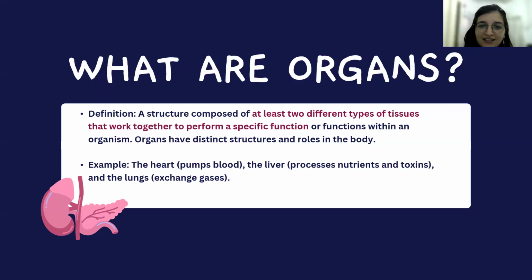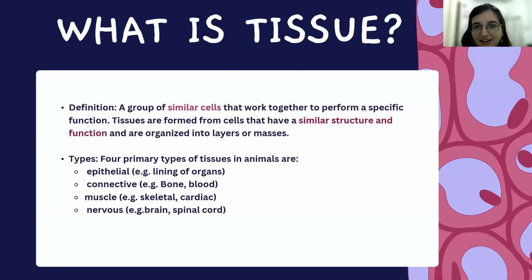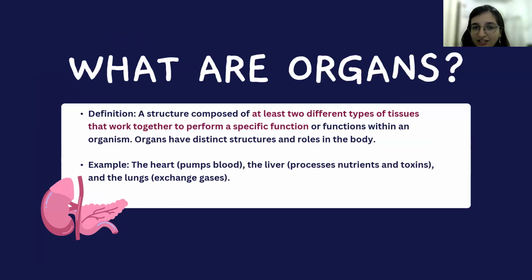And same with the lungs. The lungs are made of different tissues that form that structure together, and then we call that structure an organ. An organ has a specific function as well. But the difference between an organ and a tissue is that tissue is made of similar cells, but an organ is made of different types of tissues.